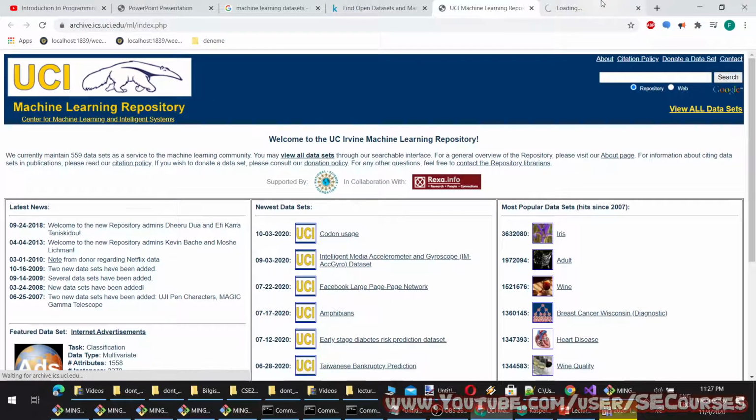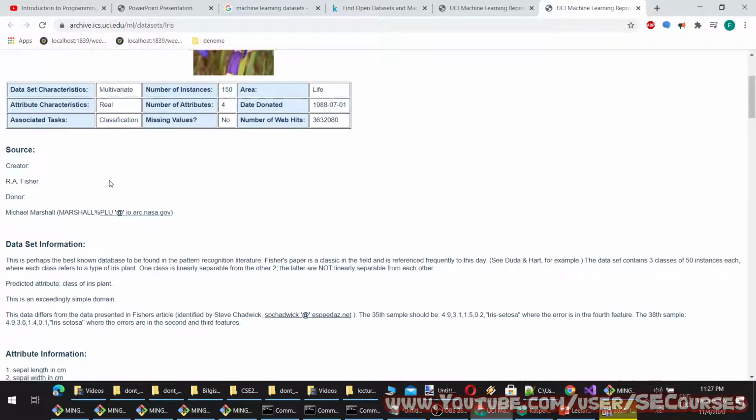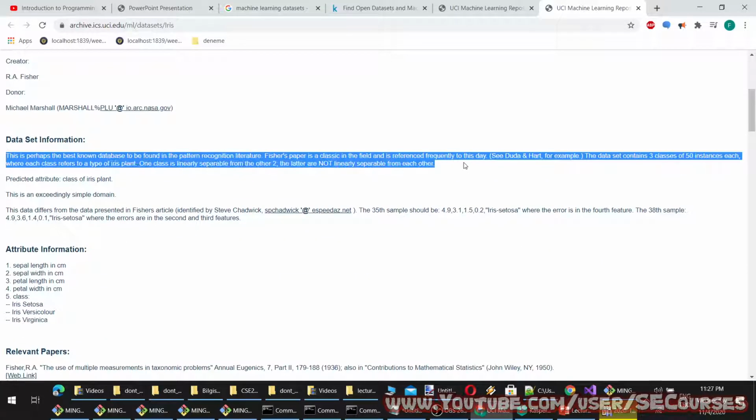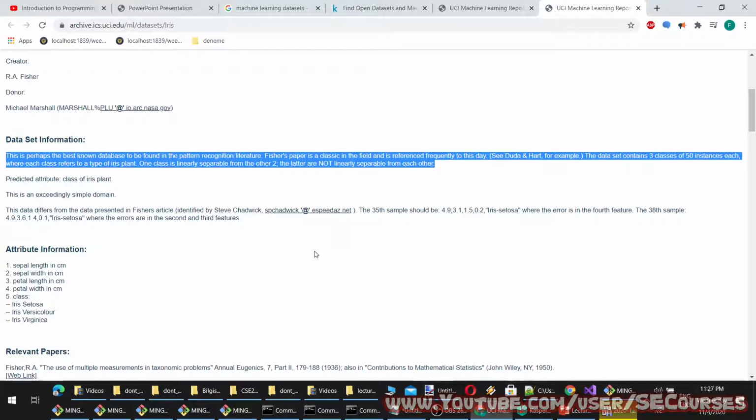Iris dataset is one of the most famous ones. This is perhaps the best known database to be found in the pattern recognition literature. Fisher's paper is a classic in the field and is referenced frequently to this day. See Duda and Hart, for example.